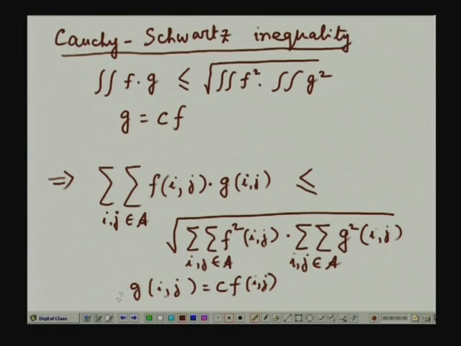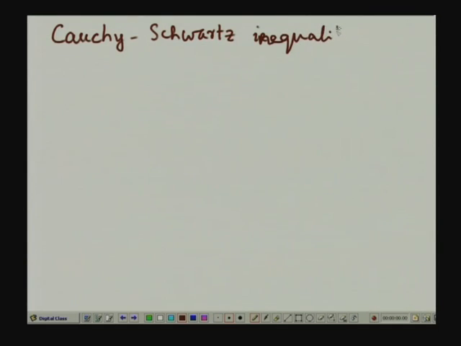Now, again from the Cauchy-Schwarz inequality, so I go back to this Cauchy-Schwarz inequality. What we get?